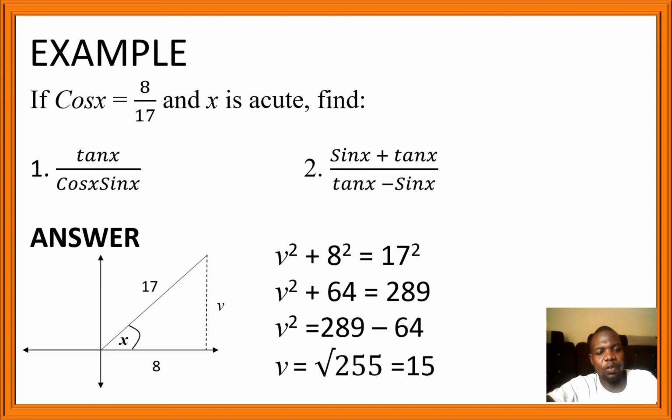So v here is equal to 15. Since we have v, we can find the two remaining ratios. Sine of x will be equal to our opposite, which is 15, over the hypotenuse, which is 17.